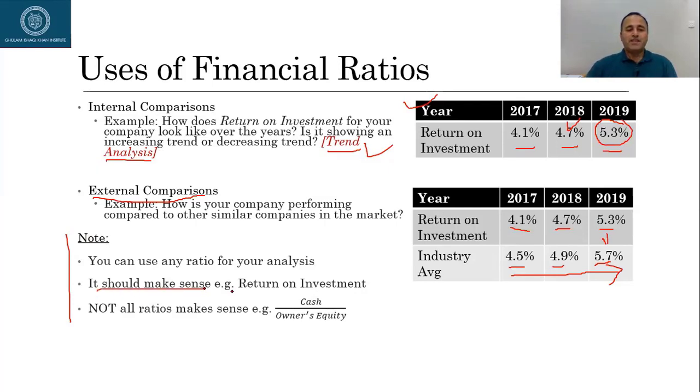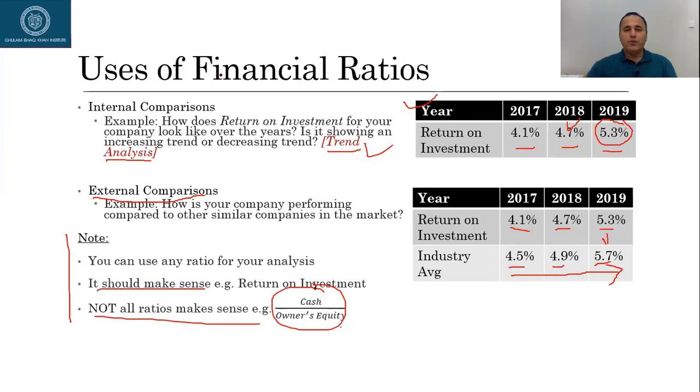But the ratio should make sense. For example, return on investment makes perfect sense. Not all ratios, unfortunately, make sense. For example, there is hardly any intuitive or logical interpretation for this ratio, cash divided by owner's equity.